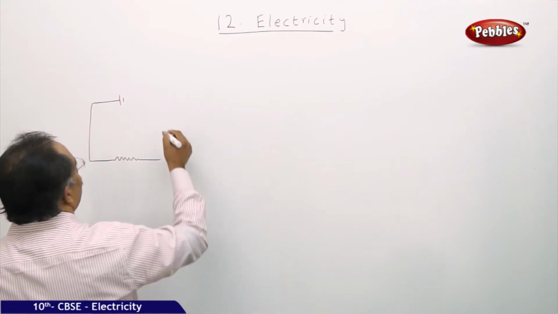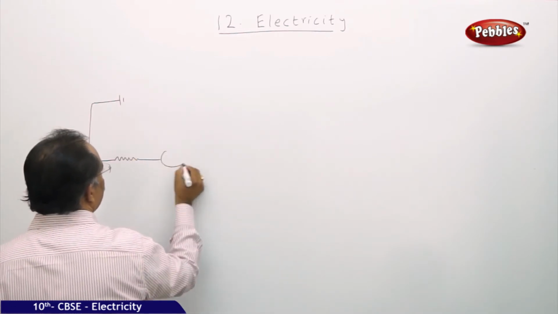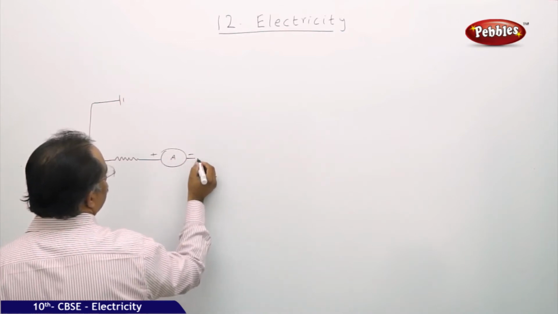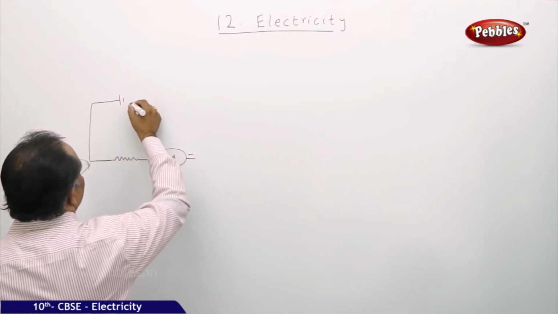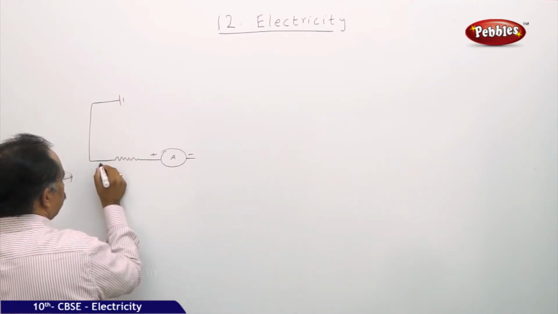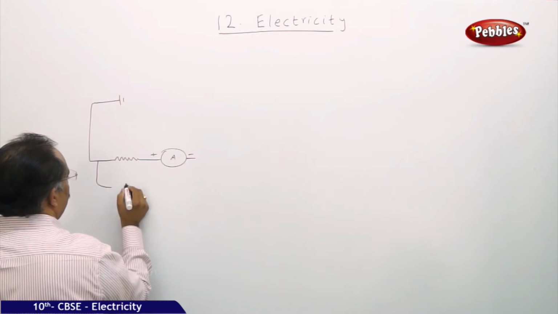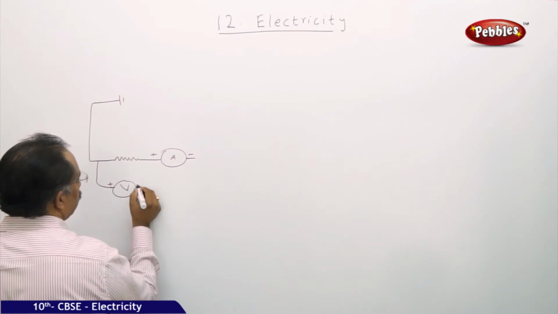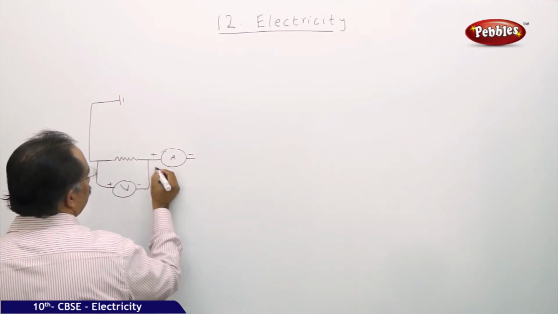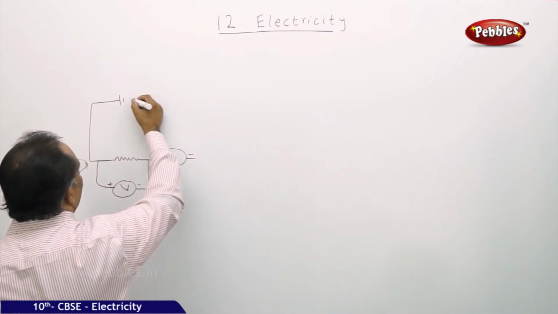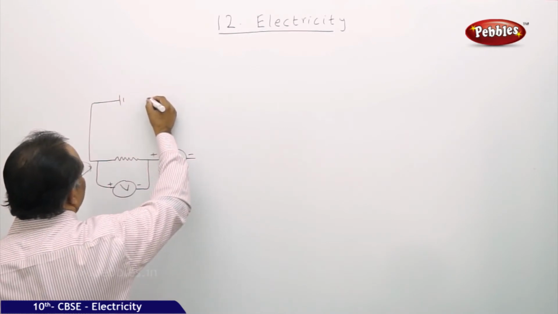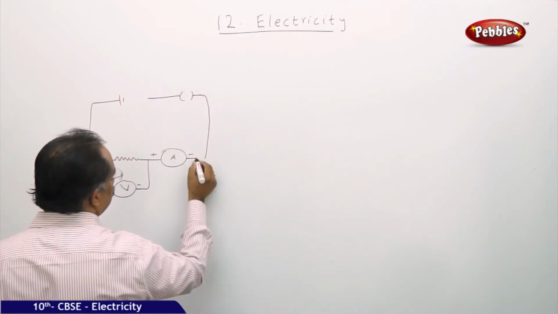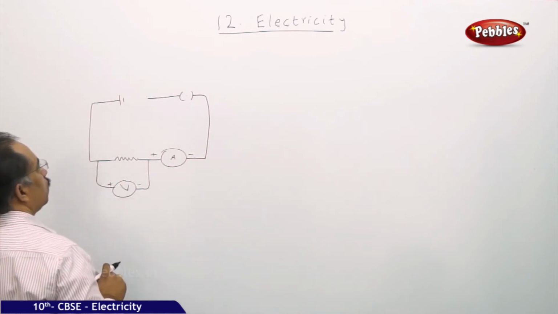I'll have an ammeter over here, A, with plus and minus, and across this I'll connect a voltmeter, and then here I have a plug key connected, and that's it.